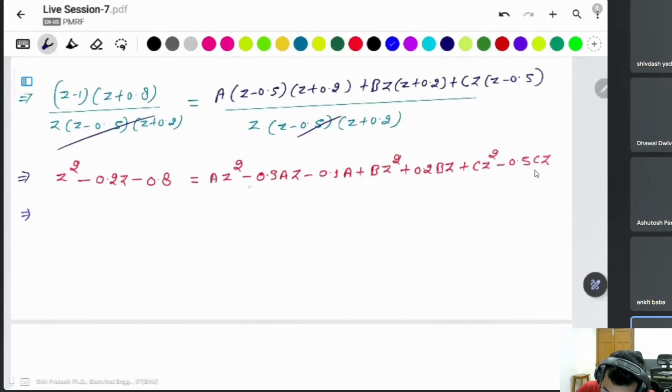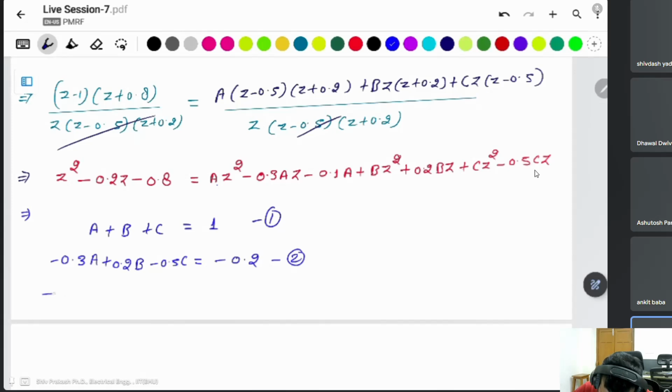Taking the square terms together, A plus B plus C is equal to 1 on the left side, equation number one. Then the z term: minus 0.3A plus 0.2B minus 0.5C is equal to minus 0.2, equation number two. Third, the constant: minus 0.1A is equal to minus 0.8.